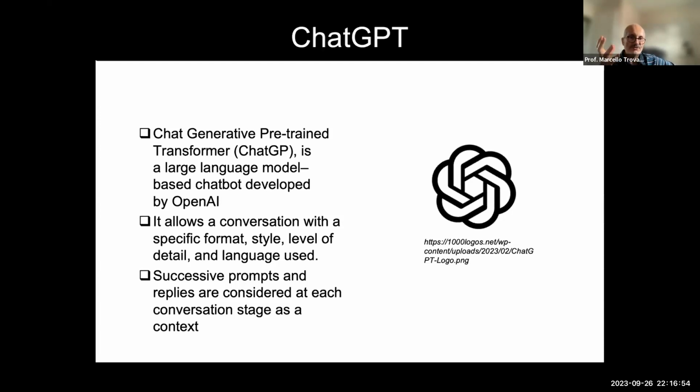As the name suggests, large data sets are used to train the system. We can use the prompts and the replies to create a context for the system. So it really looks like we are talking to a person, to a system that can actually understand.